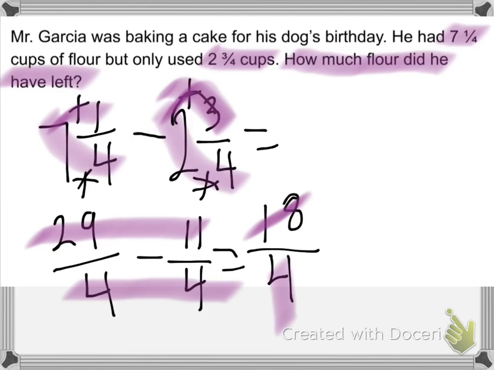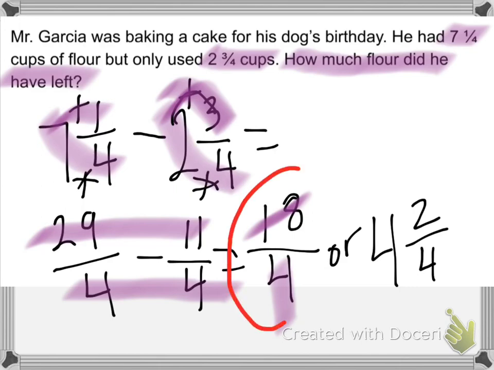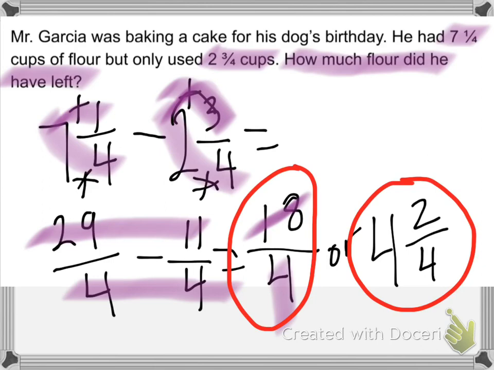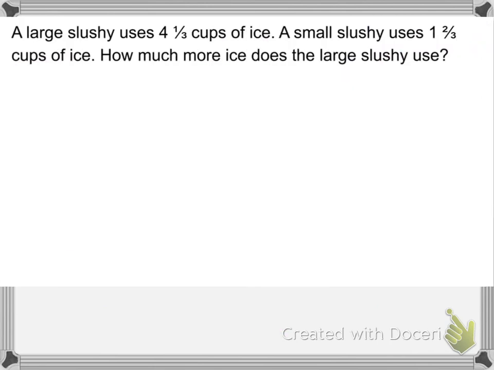So my whole number could be 4, and there's 2 out of the 4 remaining. Again, if you want to leave it like this, you can, or if you want to simplify it, you can go ahead and do that too. I'll take both of these answers. They're both equivalent.